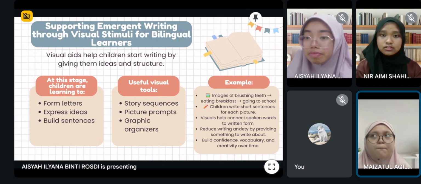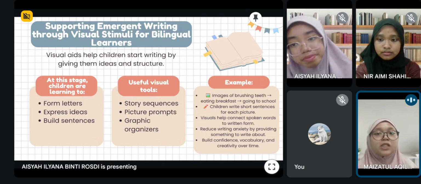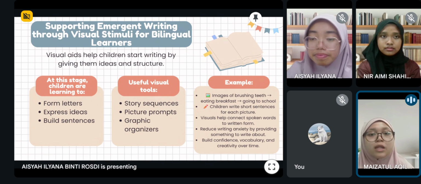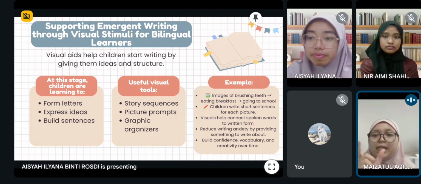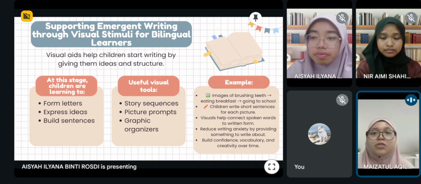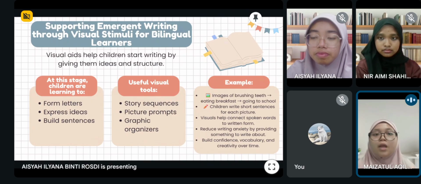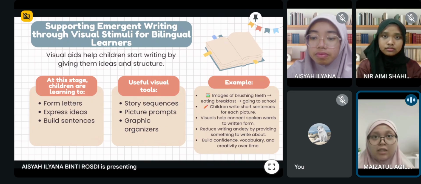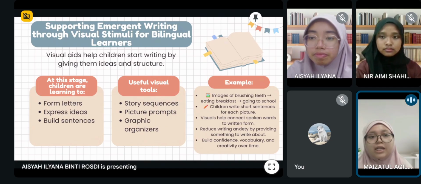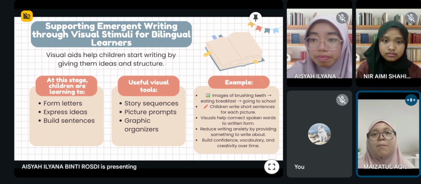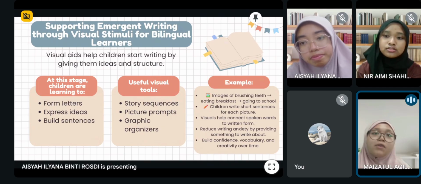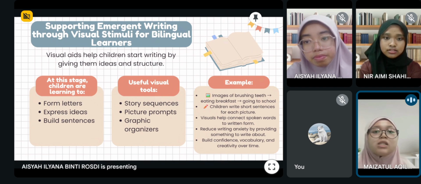For example, a teacher might present a series of images showing a child brushing teeth, eating breakfast, and going to school, and then guide learners to write short sentences describing each action. This support helps children connect spoken language to written form, encouraging sentence formation and vocabulary use. Visual aids also reduce anxiety by giving learners something to write about, making writing tasks feel more accessible and purposeful. Over time, they foster confidence, creativity, and foundational literacy skills.